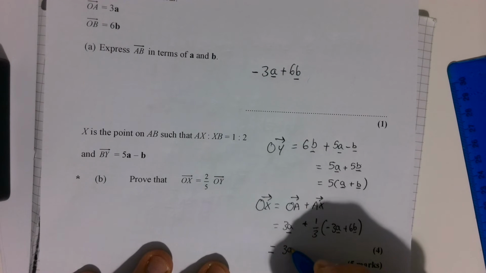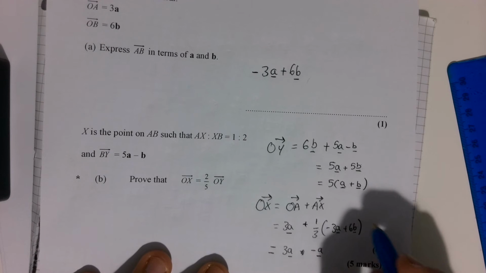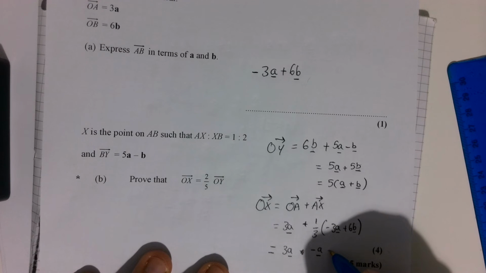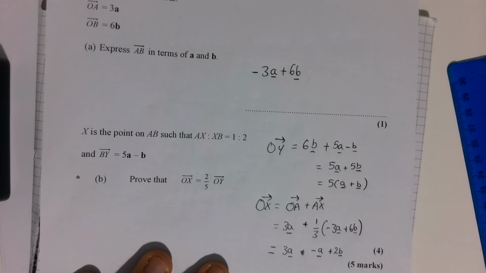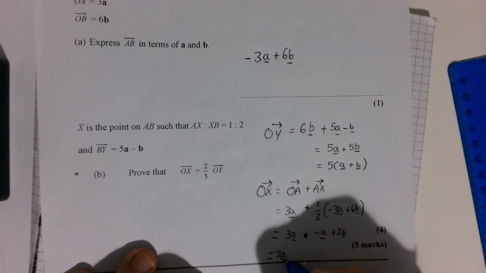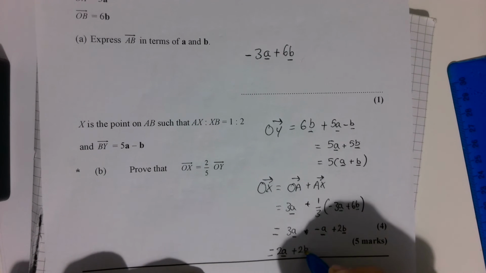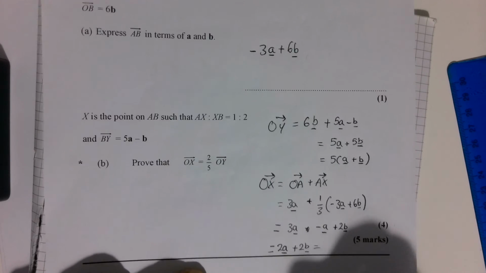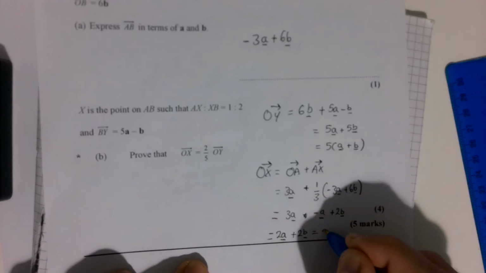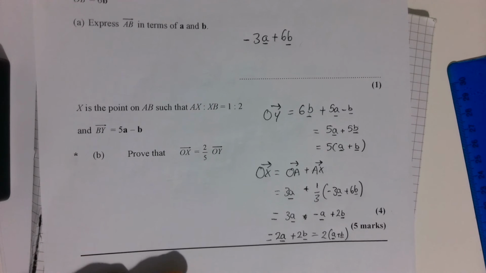So I'm still going to have 3A. 1/3 of minus 3A will be minus A, and 1/3 of 6B will be 2B. 3A take away A is 2A, and then I've just got that 2B on the end. So what I'm going to do is call that 2 brackets A plus B.